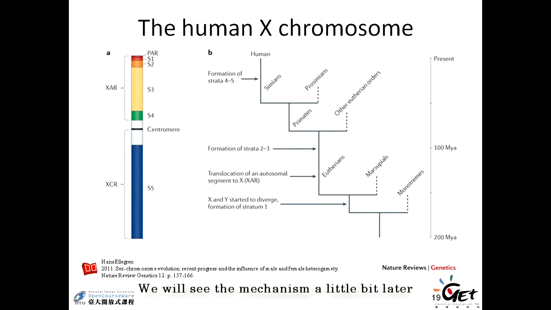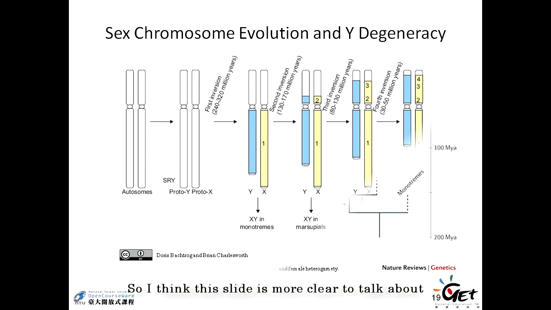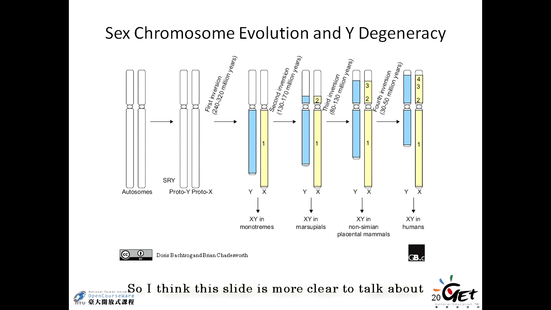We'll see the mechanism a little bit later. Then the genes in these regions diverged during evolution because they could accumulate different mutations independently. I think this slide is clearer to illustrate our hypothesis of how the divergence took place between a pair of sex chromosomes.